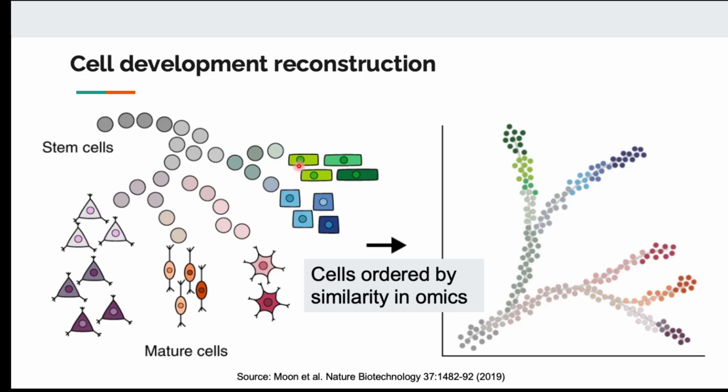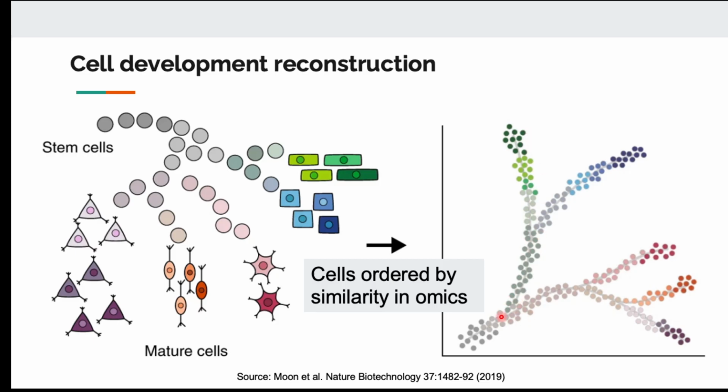If we can use this similarity to order the cells, to sort them into something that looks like this, where we have stem cells on one side and differentiated cells on the other side, and cells that are in between in development are sorted in between these two. If we can do this, and we will learn how to do this next lecture, then we can reconstruct the whole development pathway.